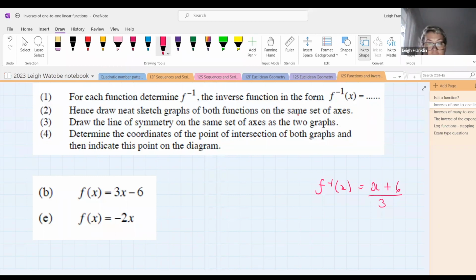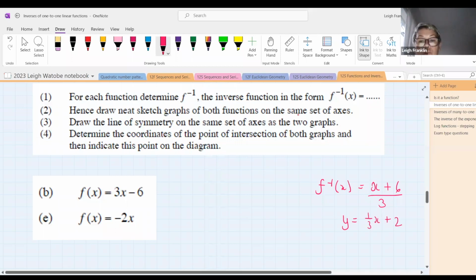Okay, so that's correct. You've got the same thing, Alungile. What's a little bit easier here is to write this as y equals 1 over 3x plus 2. Now you can see what your y-intercept and what your x-intercept is going to be. Remember, you need 2 points.